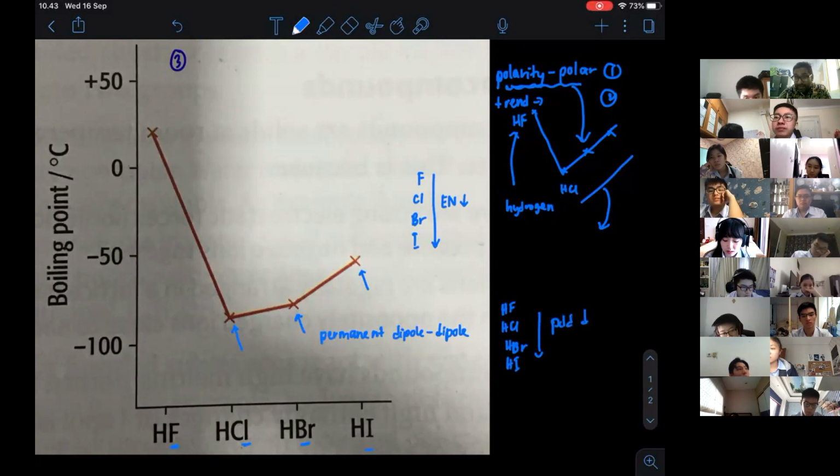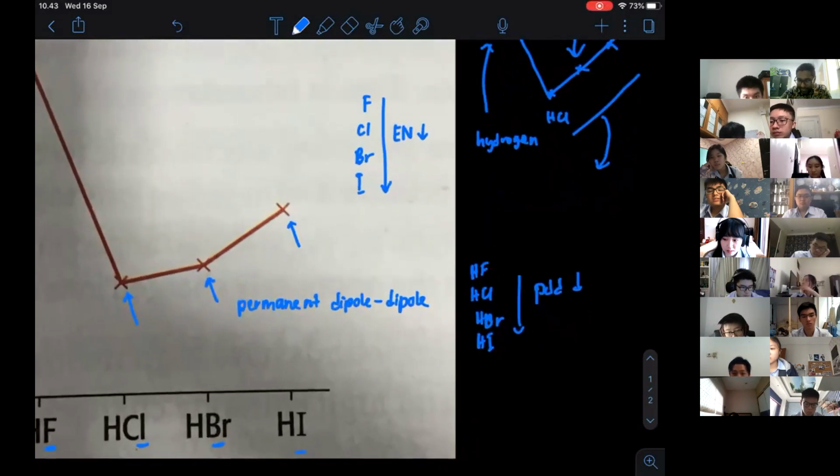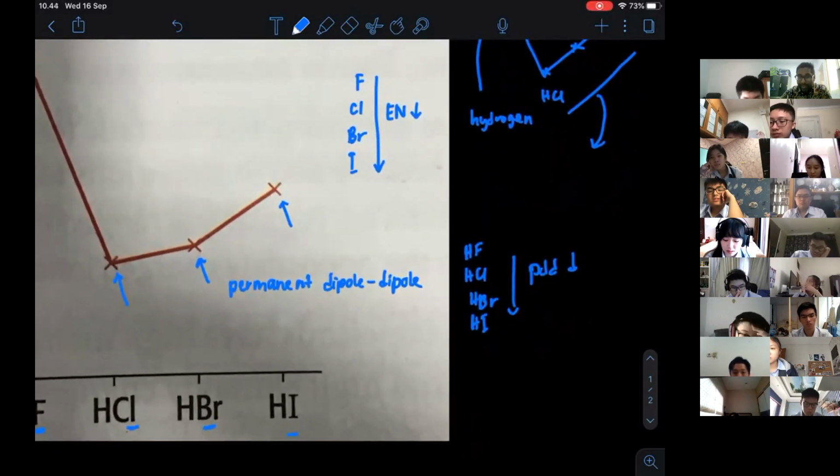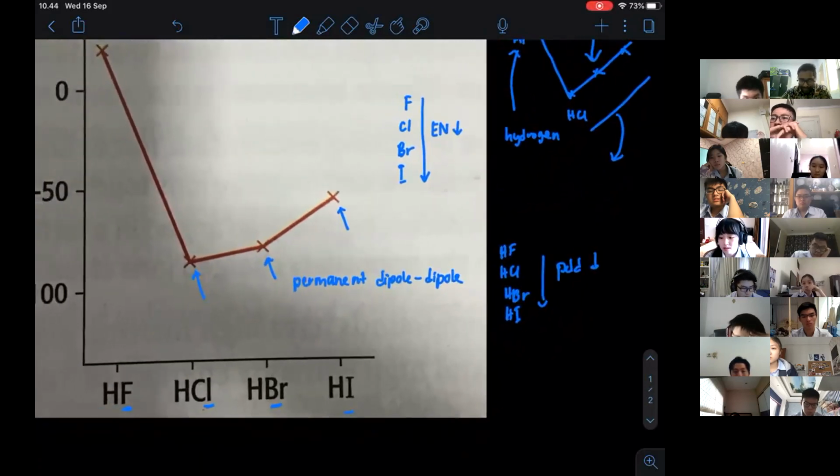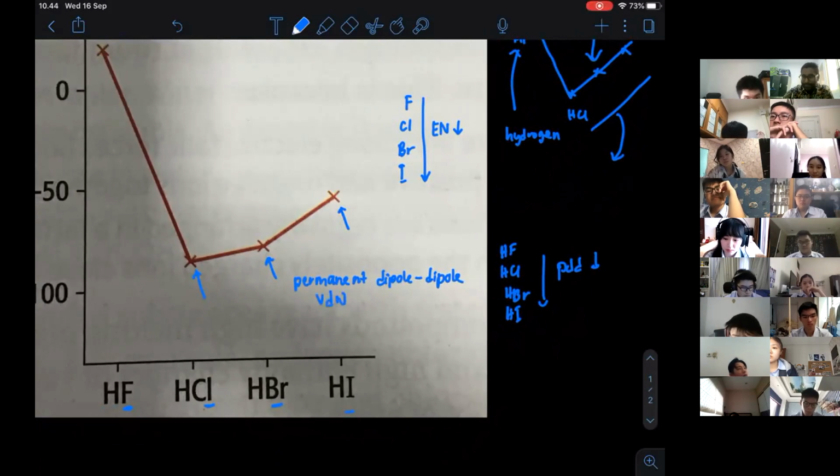I hope you understand. So because of the electronegativity, the PDD is decreasing. So is it enough to show that there is some kind of slight increase of the boiling point? The answer is definitely no. It's not enough. So what we need to discuss is VDW.